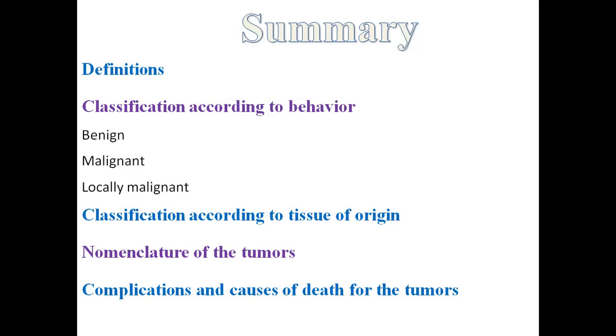The possibility of turning into malignant differs from one type of tumor to another. And we know that malignant tumors can cause cachexia, a wasting syndrome of the body, and it may be the first presenting symptom of the patient.